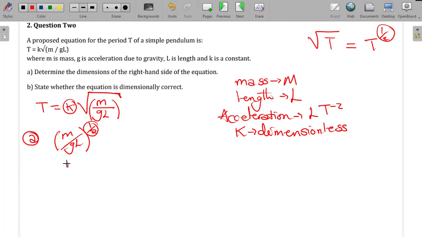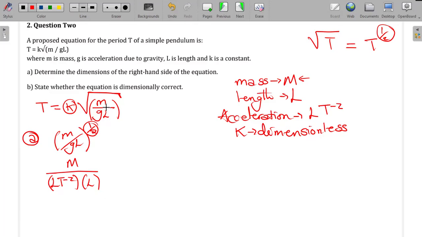So this is going to be equal to, I have mass as my denominator. I'm now plugging in my dimensions here over gravity, which I've said is LT to the power minus 2, and this is being multiplied by length. Those who remember, I said when you're showing dimensions, what are we supposed to do?